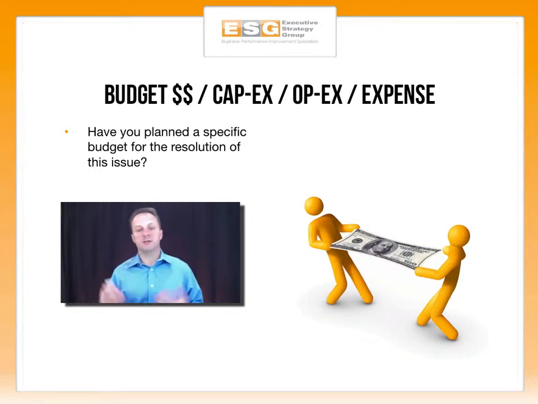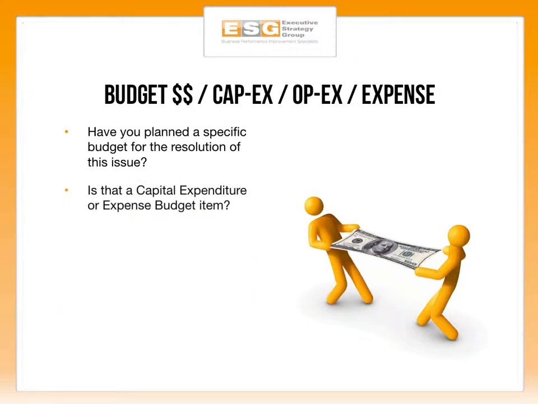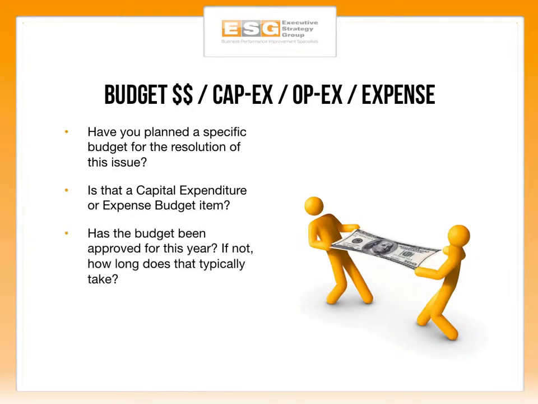That's an expense account type item typically. So we want to understand, is what we're selling capital expense, so CapEx, OpEx, or expense, and making sure that they've got some sort of a planned specific budget for that project that you're effectively working on for them. So there it is. Is that a capital expenditure, expense budget item, or is it OpEx? How do they plan for this?